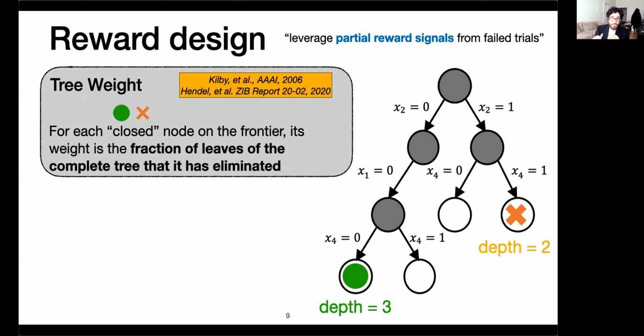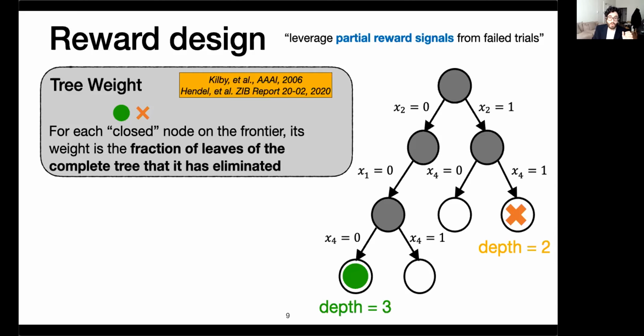what we can do is look at the nodes on the frontier, look at the closed nodes, i.e. ones that were fathomed by bound or infeasible or that have integer relaxations, look at their depth, and then look at how many potential integer solutions we've eliminated by reaching those fathomed nodes.